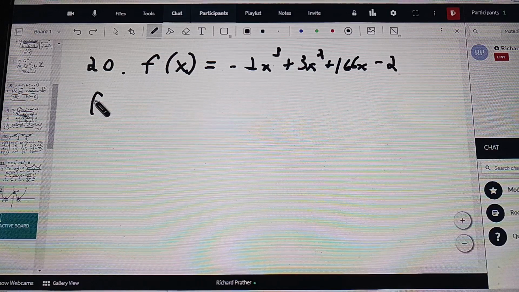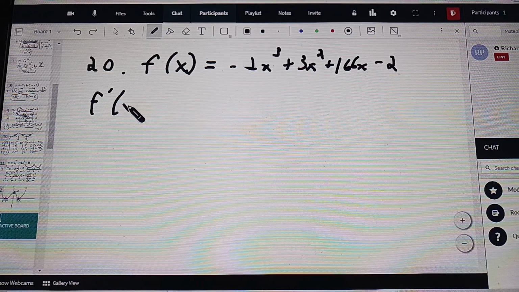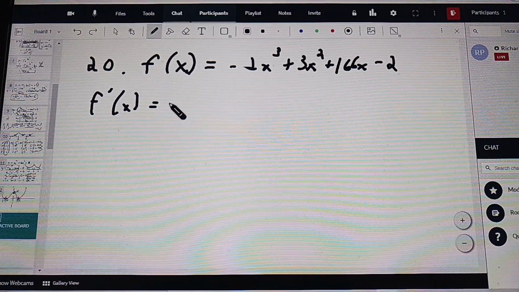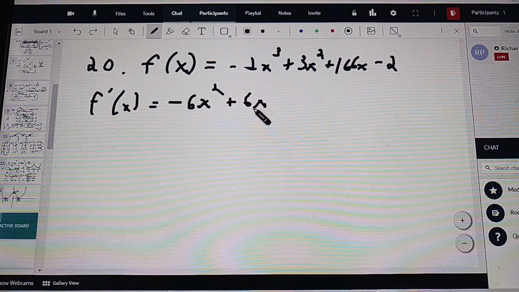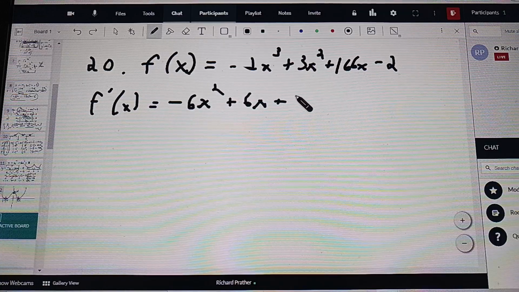So I'm going to take the first derivative, which is negative 6x squared plus 6x plus 166.